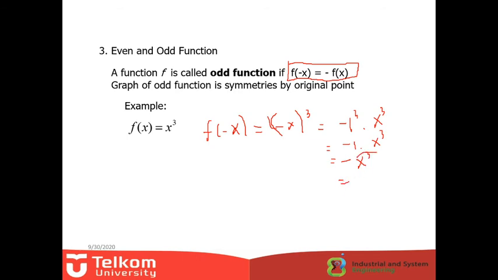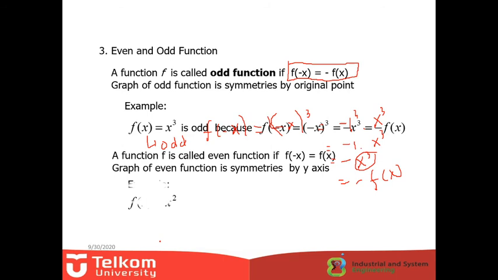Since x to the power of 3 is equal to f of x, we can conclude that it is minus f of x. Since f of minus x equals minus f of x, we call this an odd function.